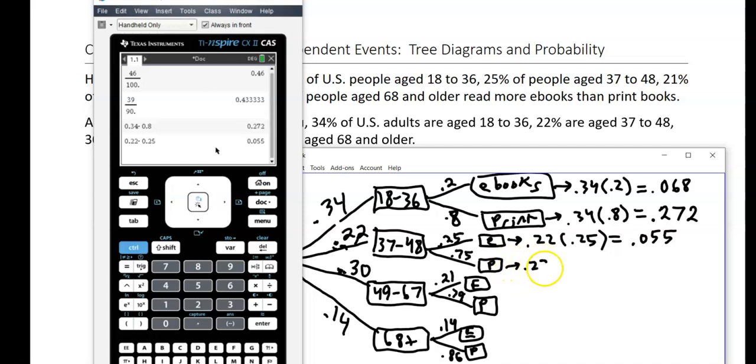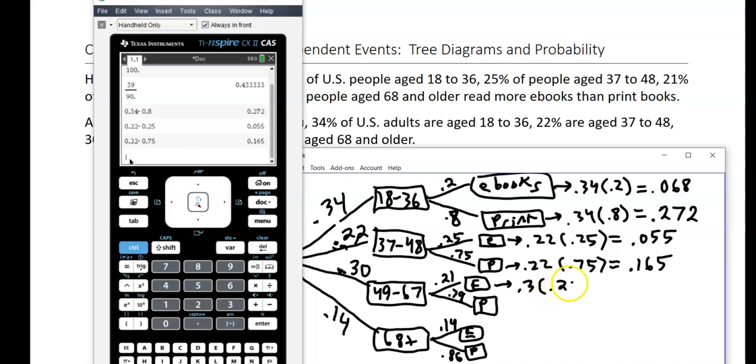And this one's 0.22 times 0.75. You're multiplying the branches there. It really helps to do that. We might not use all of them. That's 0.165. And then 0.3 times 0.21 is 0.063.